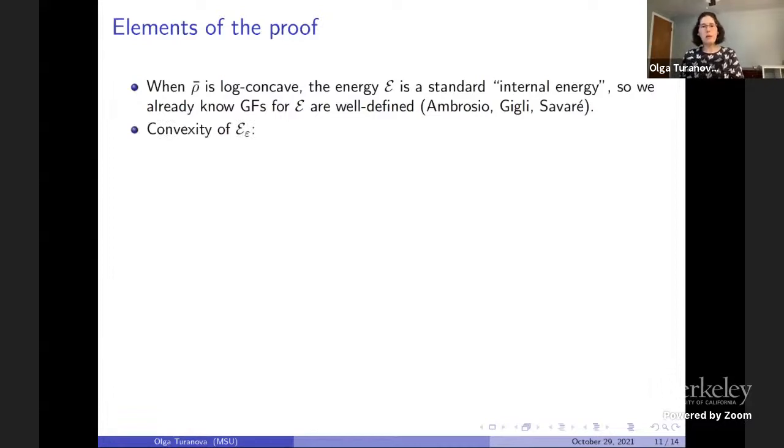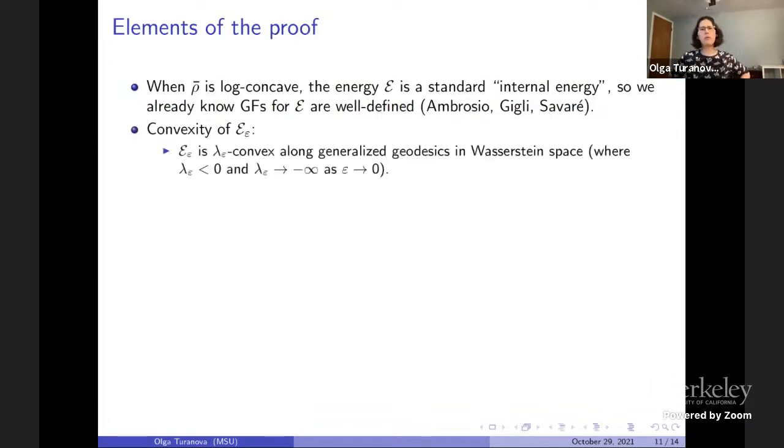Then we have to study this E epsilon, which is the new approximate energy that we defined. We first want to study its convexity properties. We show that it is lambda convex along generalized geodesics in Wasserstein space. This lambda is negative and gets worse as epsilon goes to 0, but that's still sufficient for us.